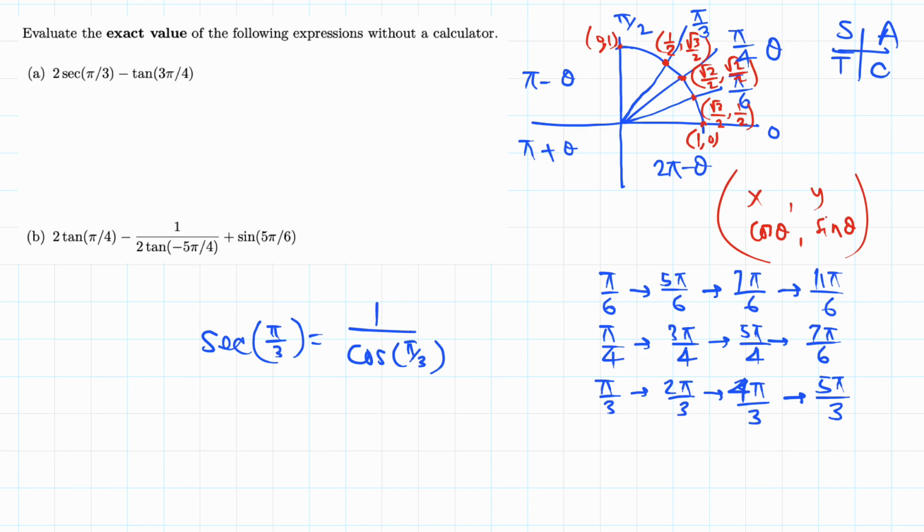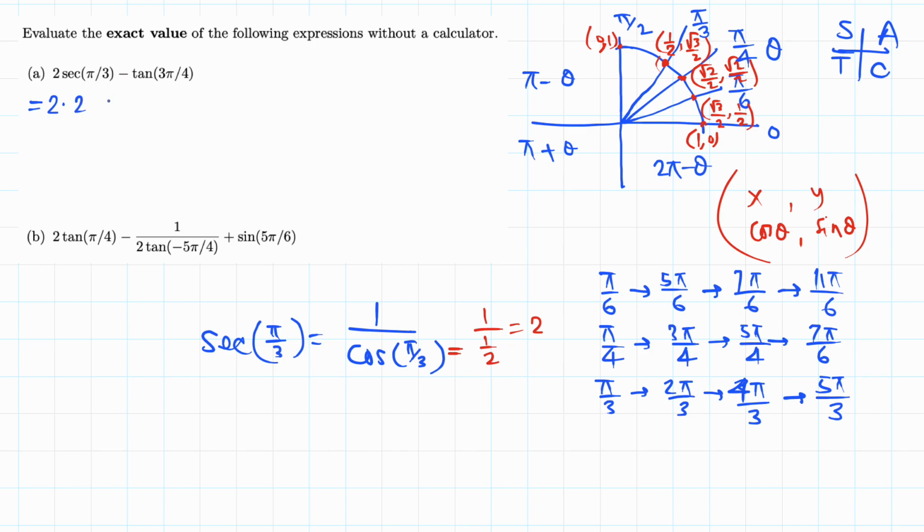Cosine pi over 3 is in the first quadrant, 1/2. So 1 over 1/2, the reciprocal of 1/2, is just 2. So this value is 2, by the way. So we have 2 times 2.